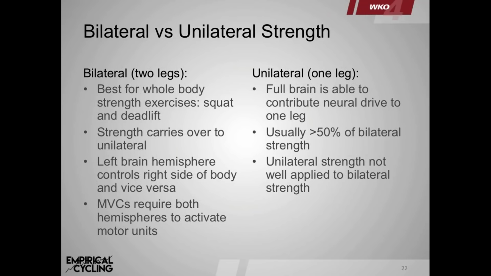that people have kind of like a ceiling to their unilateral neural drive. And once I find that they're hitting that ceiling in the gym, I'll switch back primarily to increasing bilateral strength before I go back to unilateral again. And for unilateral strength, you might be asking why not train it all the time. It's really not well applied back to bilateral strength.